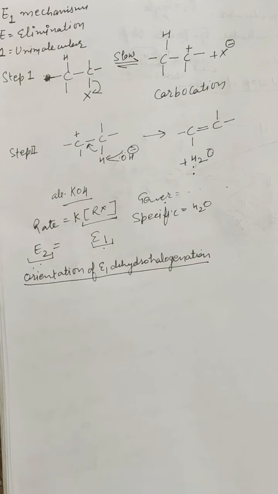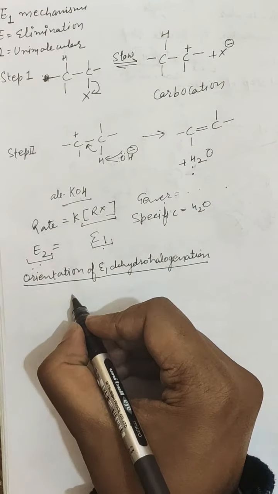I had also told you this during the Saytzeff rule. What was the Saytzeff rule? The Saytzeff rule states that during the dehydrohalogenation reaction of alkyl halide, the more substituted alkene is more stable and is formed in greater yield.